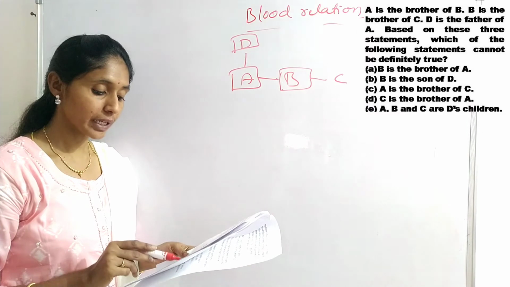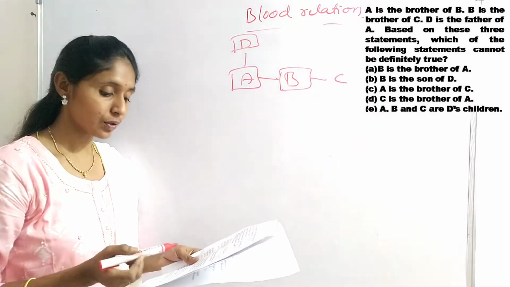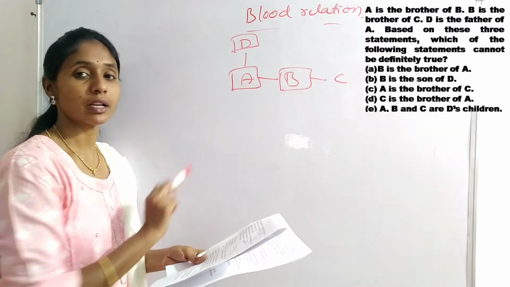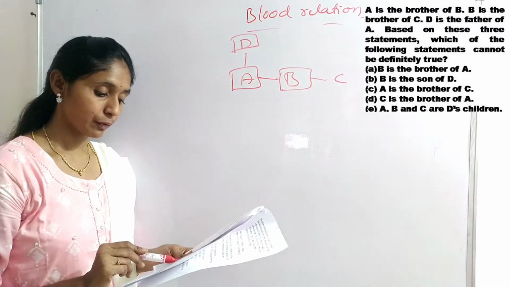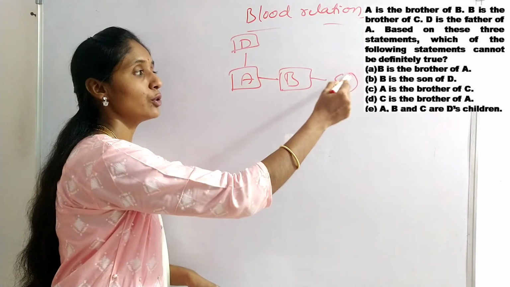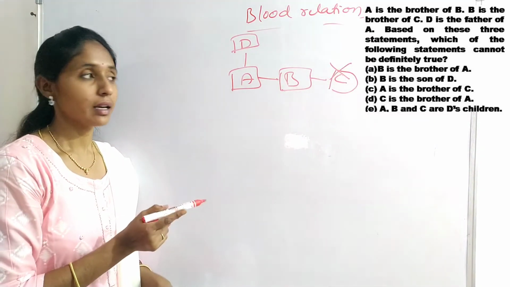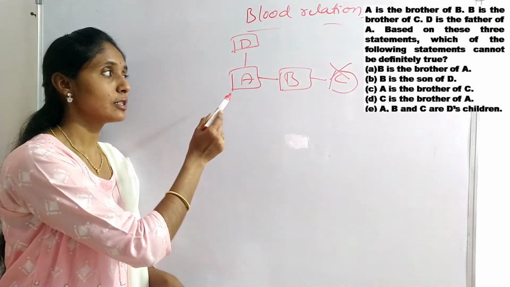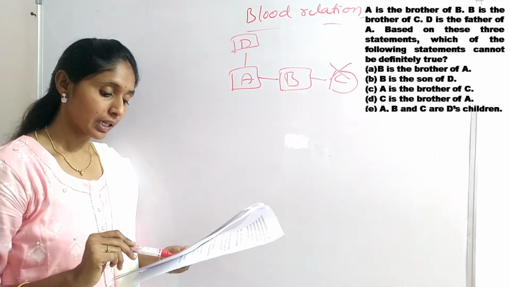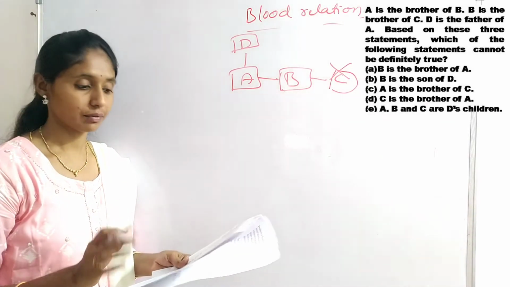Next, B is the son of D, also definitely true. Next, A is the brother of C, correct. And fourth, C is the brother of A. Here we don't know the gender of C, so we cannot conclude that C is the brother of A. So it definitely cannot be true. Option D is the right answer.